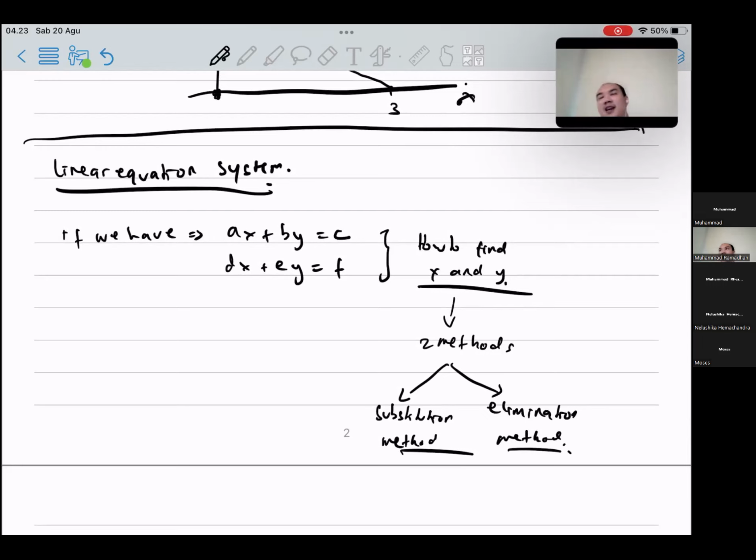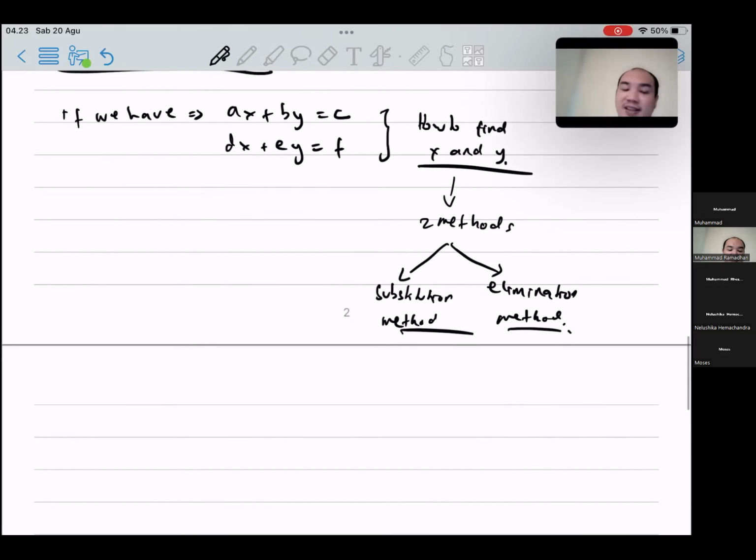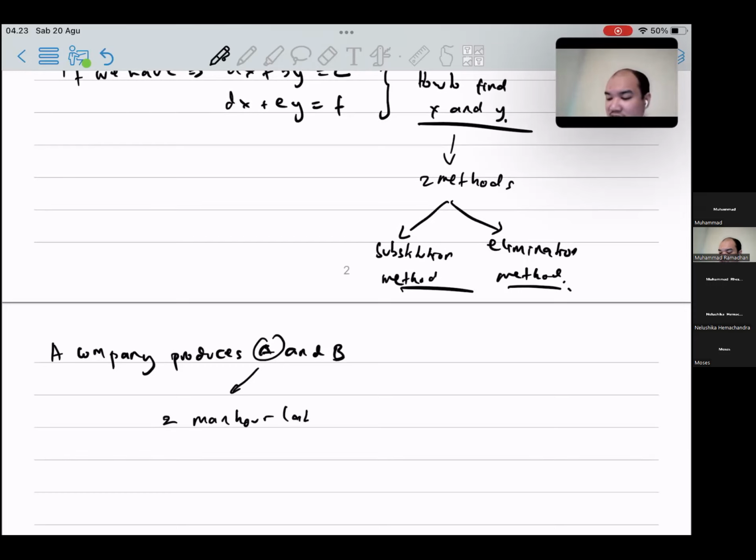Okay, I will explain this method by using a case. For example, if a company produces A and B, to produce A, it needs 2 man-hour labor and 1 hour machine.